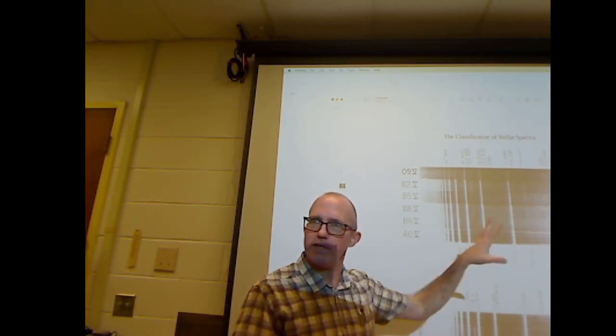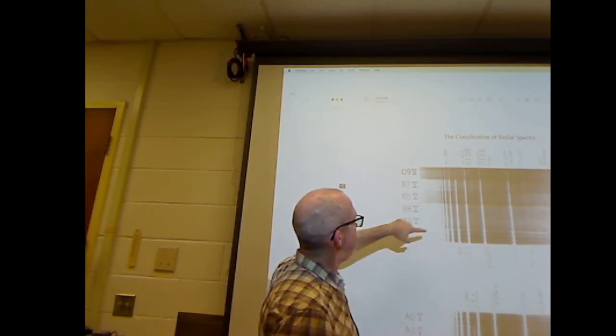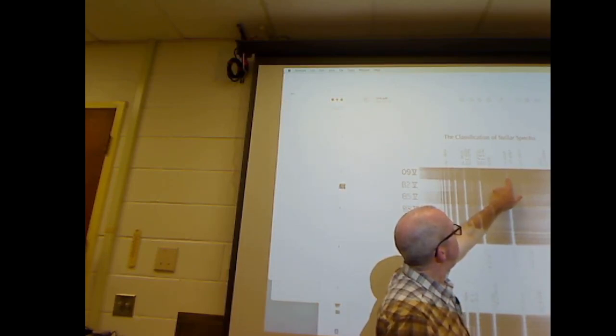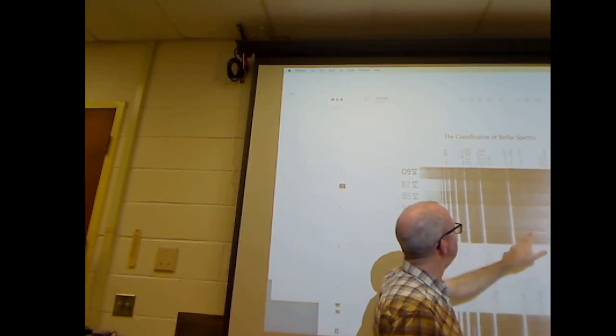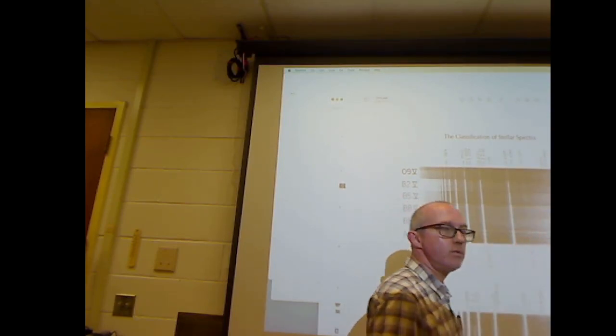We'll worry about those later. Let's worry about the big letter first. So the big letter O, these are all B's. This is an A. And you can see that for the O star, this is very weak, thin. It's not very wide and it's not very bright. Whereas this one is a lot brighter and a lot wider.